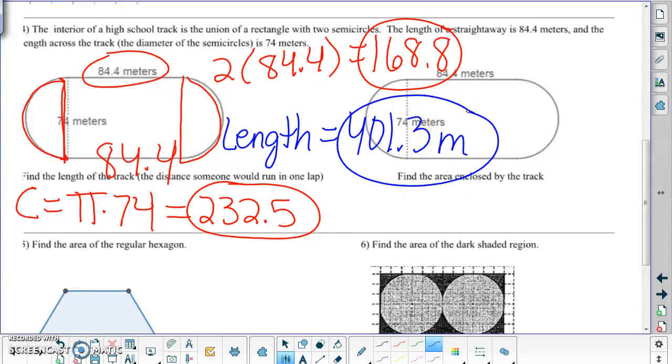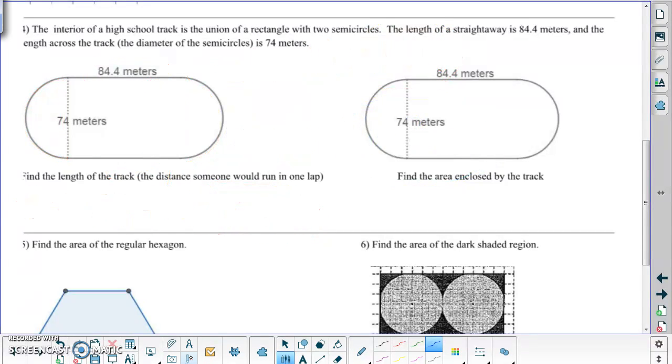Alright, I'm going to erase this so when I do the other side, I have more room. Okay, so this time I want to find the area of the rectangle.